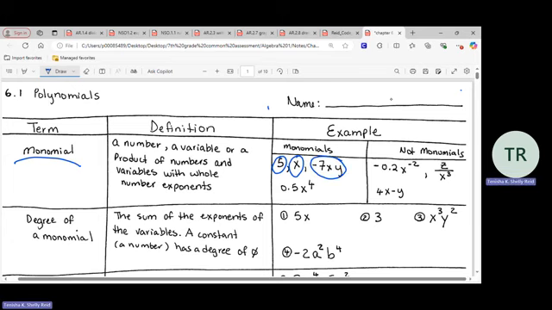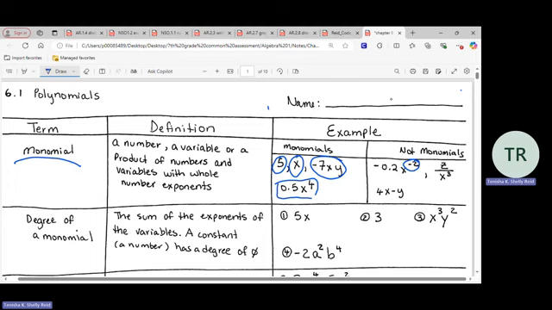Negative 7xy is also a monomial because those are being multiplied, the x and the y. 0.5x to the fourth power, this is a positive exponent, it is a monomial. Something that wouldn't be a monomial would be something like negative 0.2x to the negative 2. That negative 2 makes it not a monomial because we cannot have a negative exponent in an answer.